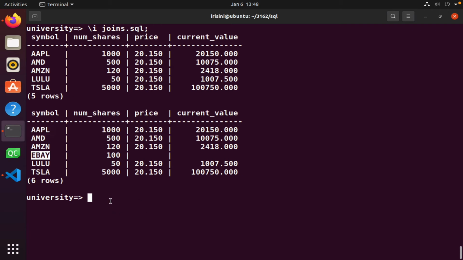So the full outer join simply states that if there is not a matching column or row in the other table, you still need to include it in the final result. And since nothing is in the other table, what should be there is simply left as a blank. Okay, so there's no price, and obviously there's no current value. So that's what we mean by an outer join.